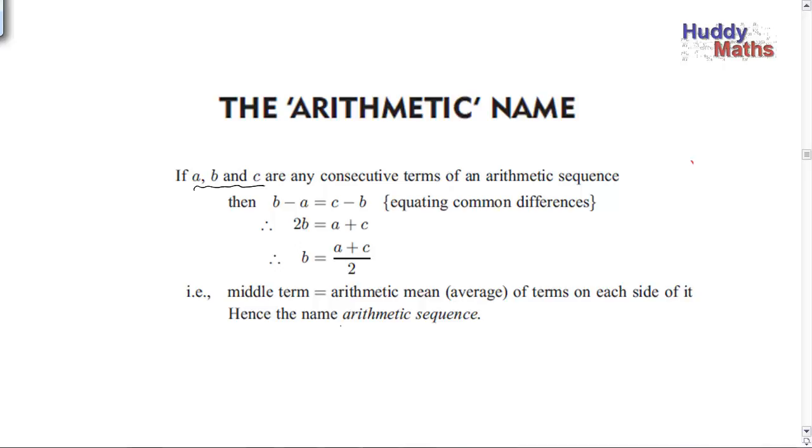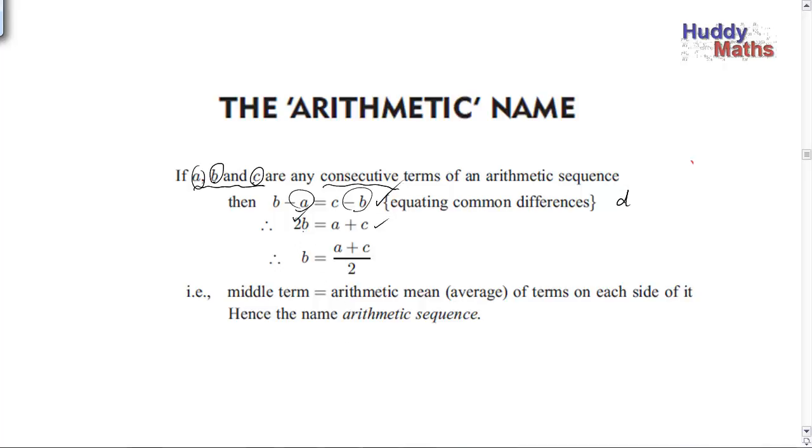But if you say A, B and C are consecutive, that means one after the other, no gaps, terms of an arithmetic sequence, then B take the one before must equal C take the one before. Okay, common difference, the difference is D. We don't need to put that here. So if you rearrange this, add B to both sides, you get 2B. Add A to both sides, you get A plus C.